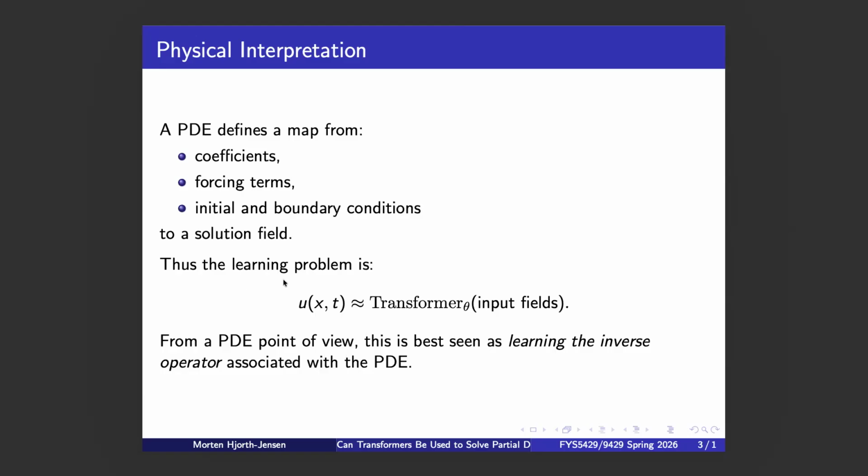The learning problem is your function, which is a transformer, which depends on some parameters and is based on the input fields, which can typically be initial and boundary conditions. From a PDE point of view, this is normally what you call learning the inverse operator associated with the partial differential equation. This inverse operator is normally called the Green's function.